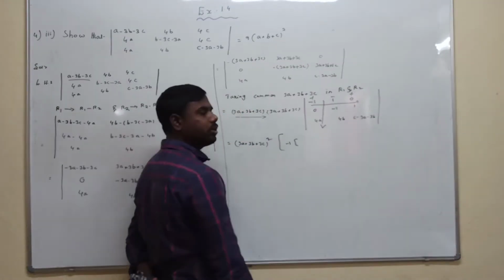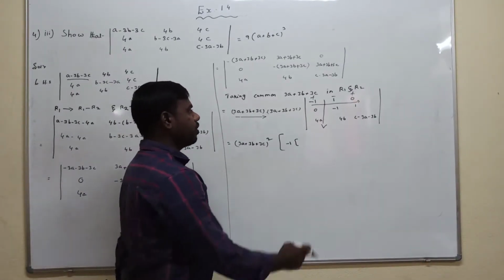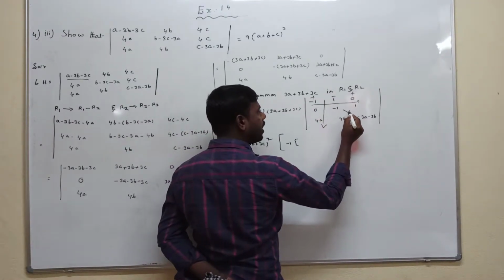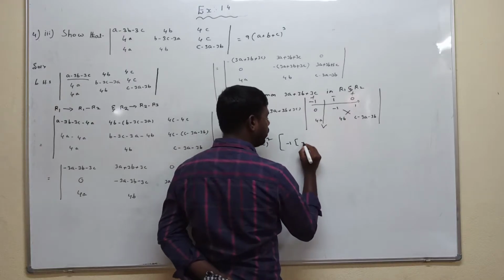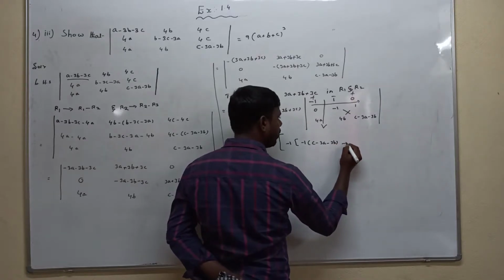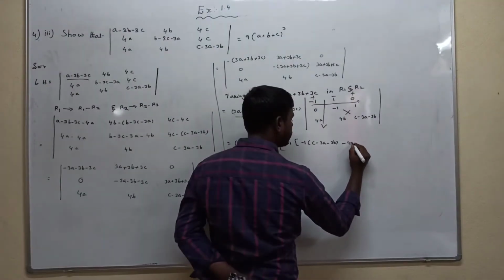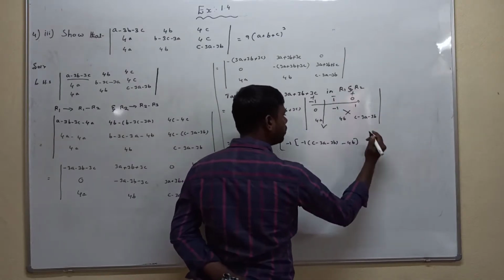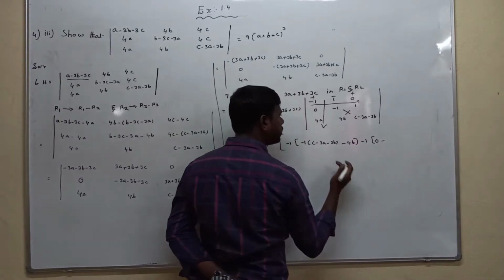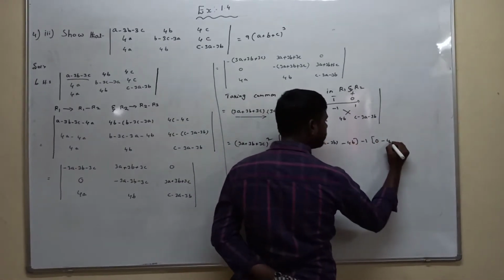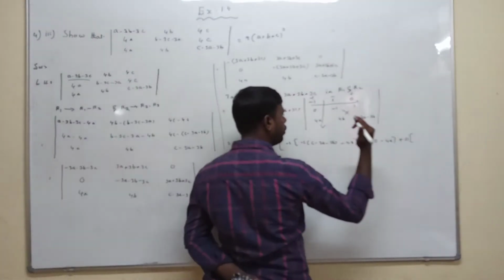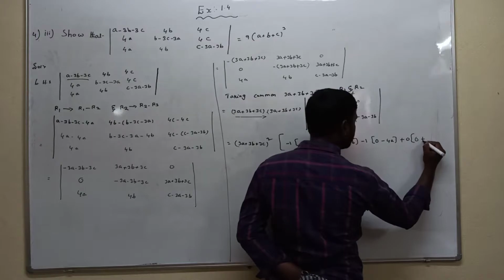We find the determinant of the 3 by 3 matrix: whichever row and column we take, that particular row and column is eliminated. After that we apply the cross multiplication method. Minus 1 into (c minus 3a minus 3b minus 4b into 1) is minus 4b. Next to minus 1, 0 into anything is 0, minus 4a into 1 is 4a, plus 0 into 4b is 0, minus of 1 plus 4a.